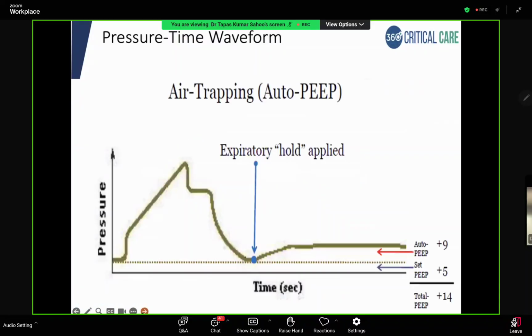Now, air trapping. If we suspect that auto PEEP is being generated, we do the expiratory hold maneuver. Believe me, in the DRNB examination on February 3rd and 4th, you will get this. Remember how to do expiratory hold, what its utility is, how you decide whether this patient is generating auto PEEP, what the total PEEP is, what the optimum PEEP is, and what physiologic PEEP is.